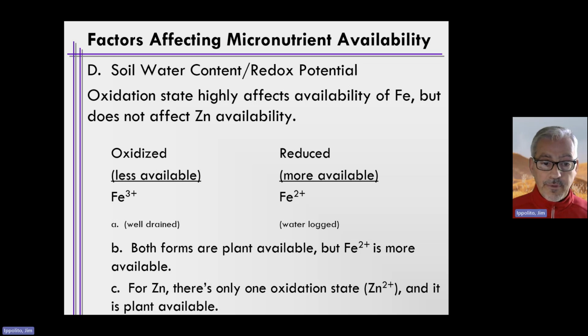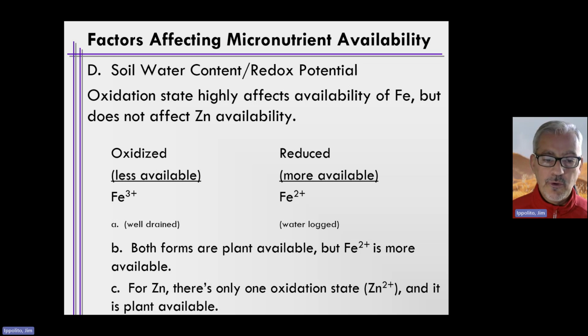I can tell you that both of the iron forms are plant available. Plants can take up both of these. You'll learn that in this unit. But iron 2+ is more available by orders of magnitude. And the difference between iron and zinc with respect to oxidation reduction potential is the fact that zinc is only found in the +2 state.